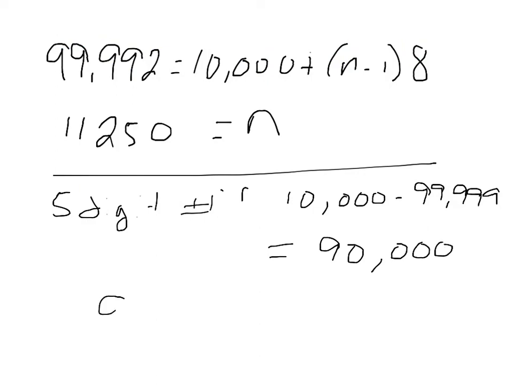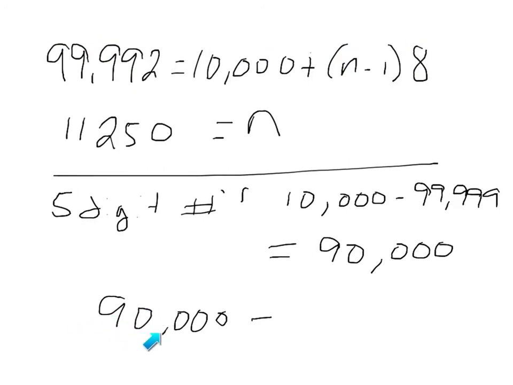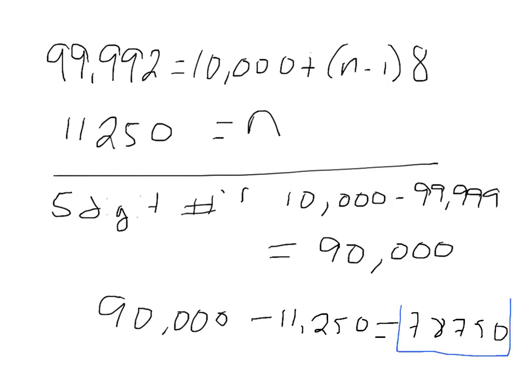So if I take 90,000, this is all the 5-digit numbers, and I subtract the amount that are divisible by 8, that leaves me with the numbers that are not divisible by 8. So our solution is 78,750.